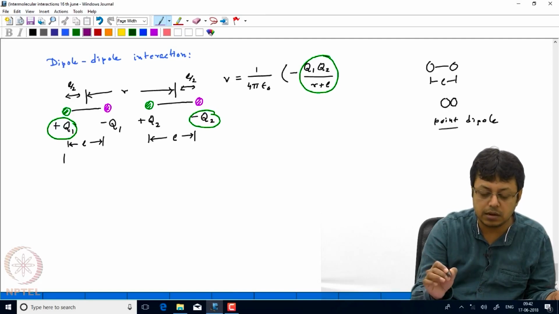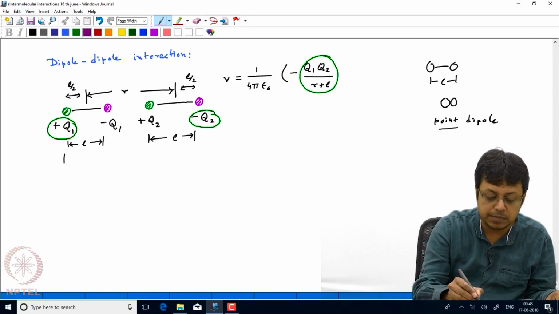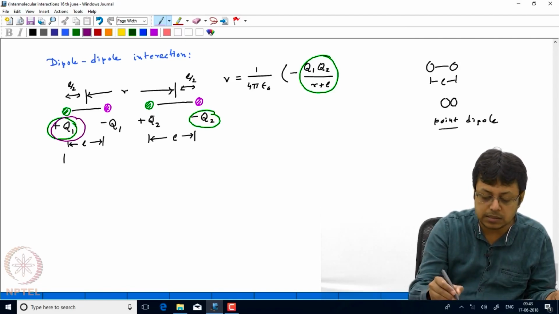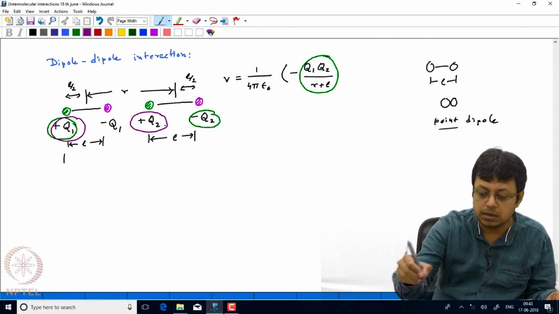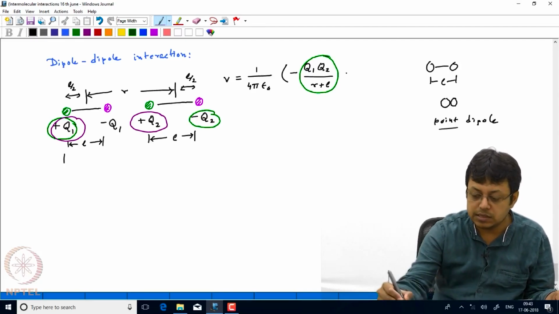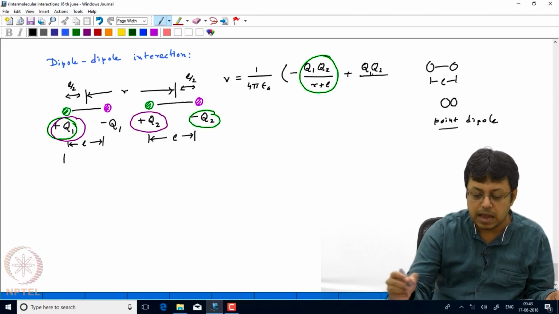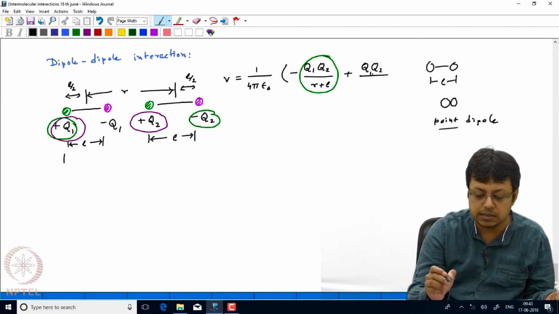So we are first calculating the potential due to plus Q1. I am taking this plus Q1 and asking what will be the interaction potential between this plus Q1 and this plus Q2. So in this case it will be plus Q1 plus Q2. So I will have a Q1 Q2 kind of term, divided by the distance. So I have R here.